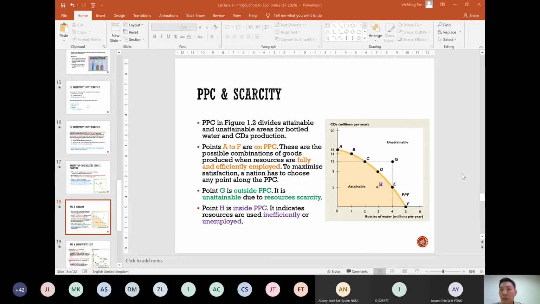Any other two factors that you can remember, besides labor and capital?